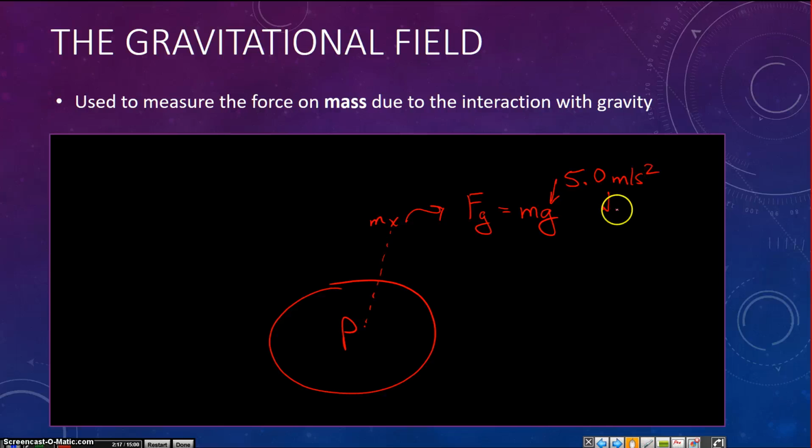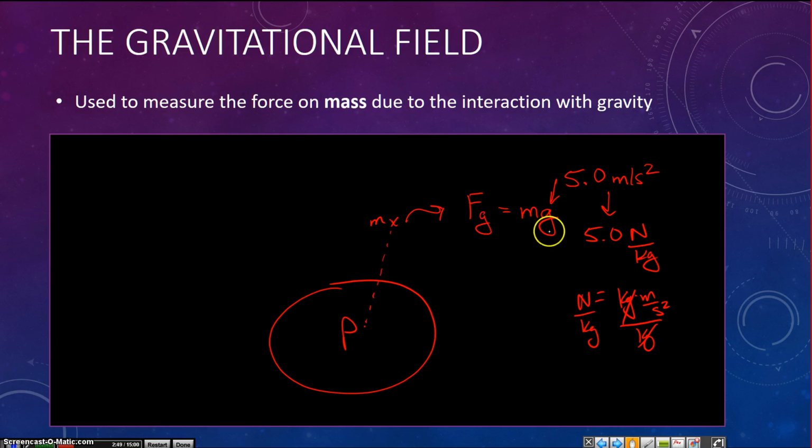Well, that's the same as saying that the gravitational field has a strength of 5 newtons per kilogram. Just to kind of prove it to you, a newton is equal to a kilogram meter per second squared, mass times acceleration, right? And if you divide that by a kilogram, the kilograms cancel out, and we get our acceleration.